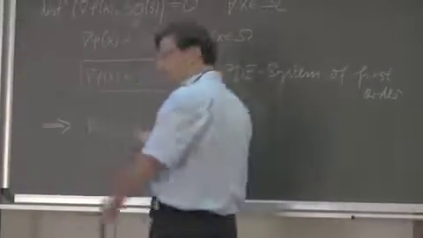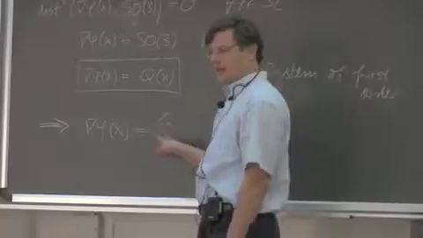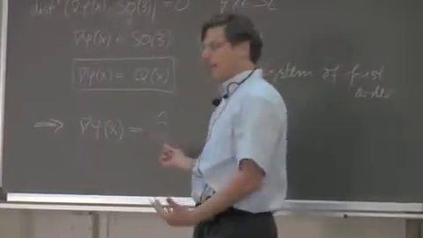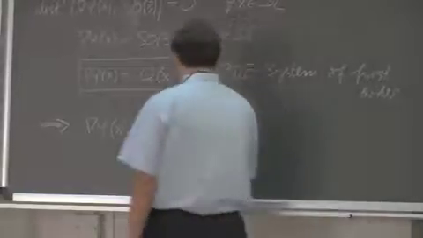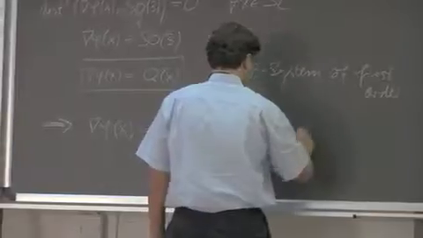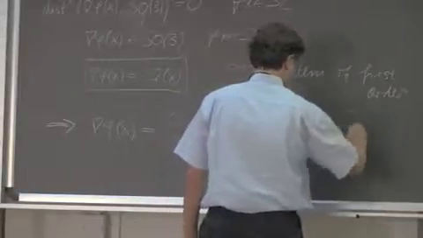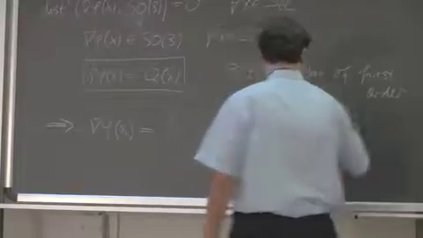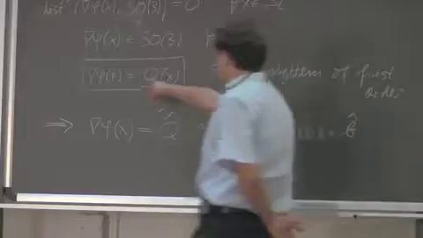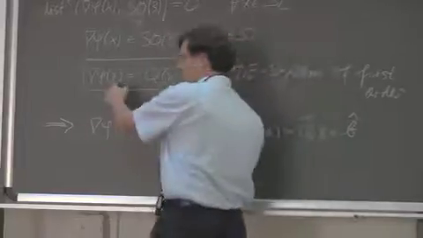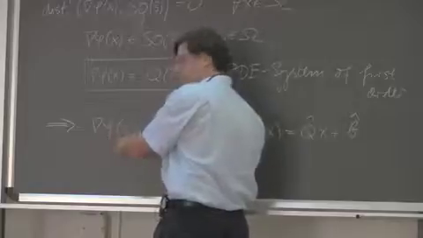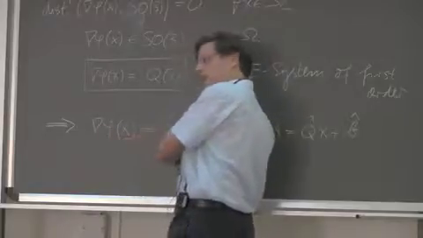I will explain in a minute how this comes about. If this is the case, you can completely integrate, and you see that this is implying that phi of x is q hat x plus some constant translation. How do you get from here, in each space point a rotation, to in each space point the same rotation?